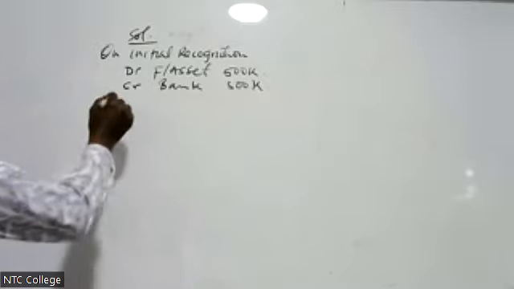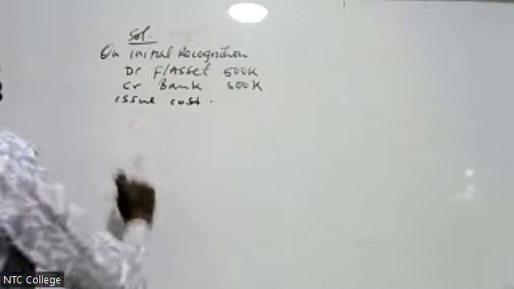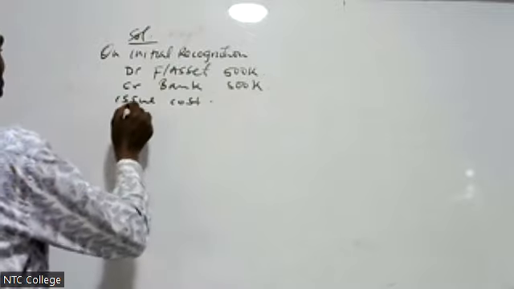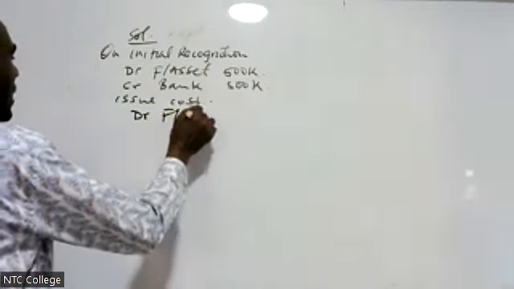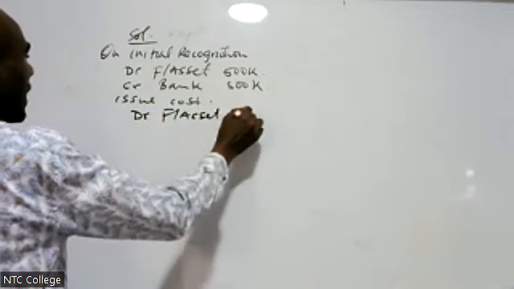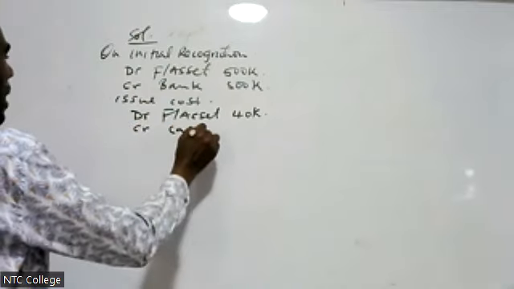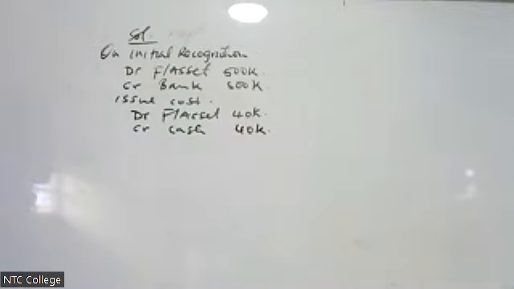Then there is also issue cost. Issue cost here will be: I debit financial asset with 40K, issue cost was 40K. I credit cash or bank with 40K.